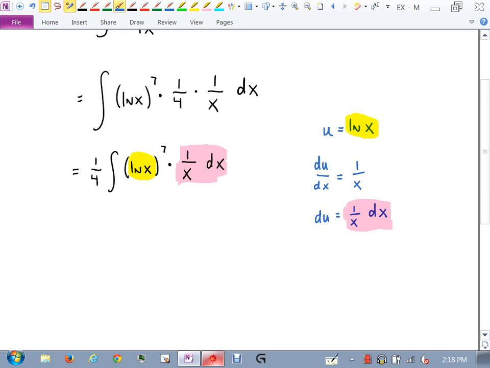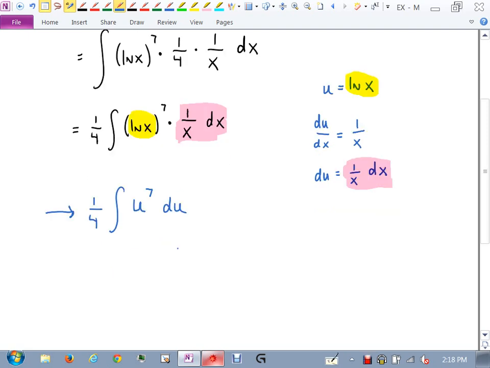That's right. You're making a substitution, so you're turning one integral into one that's easier. So this will become 1/4 integral of u to the 7th du.